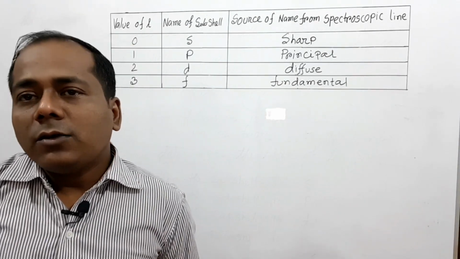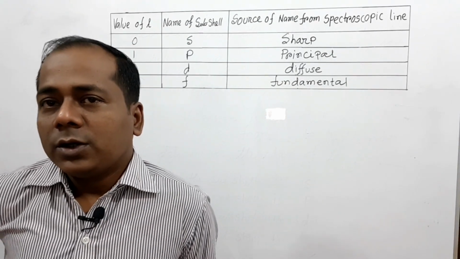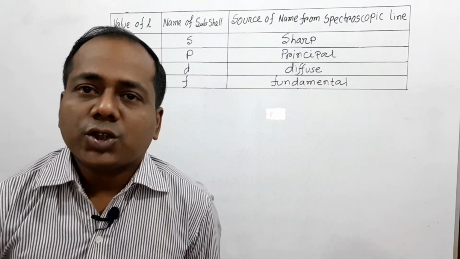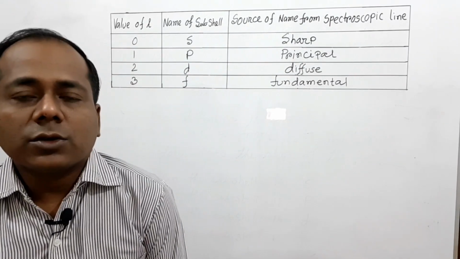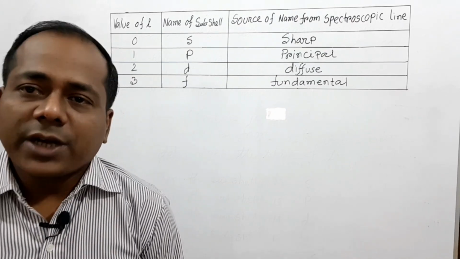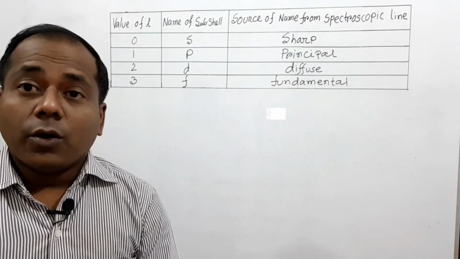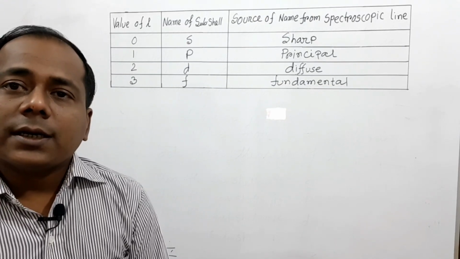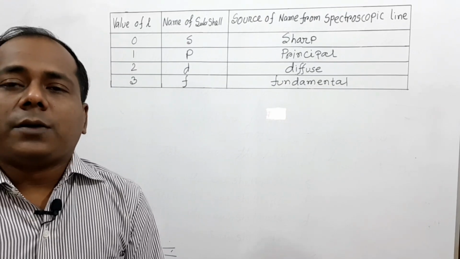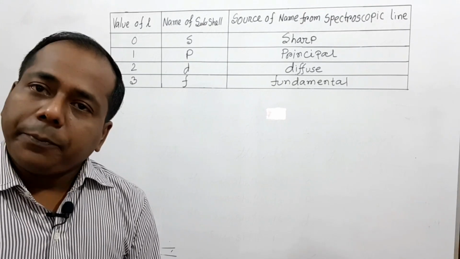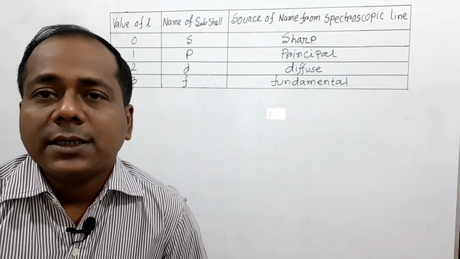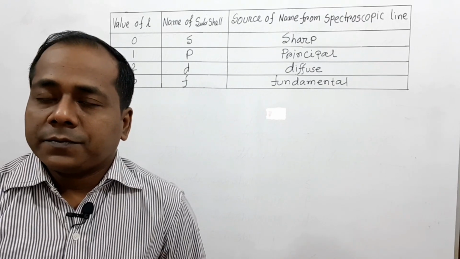Dear students, here are given the value of L and name of subshell. When the value of L equals 0, the name of subshell is S, and source of name from spectroscopic line is sharp. Now, when value of L equals 1, name of subshell is P, and source of name from spectroscopic line is principal.